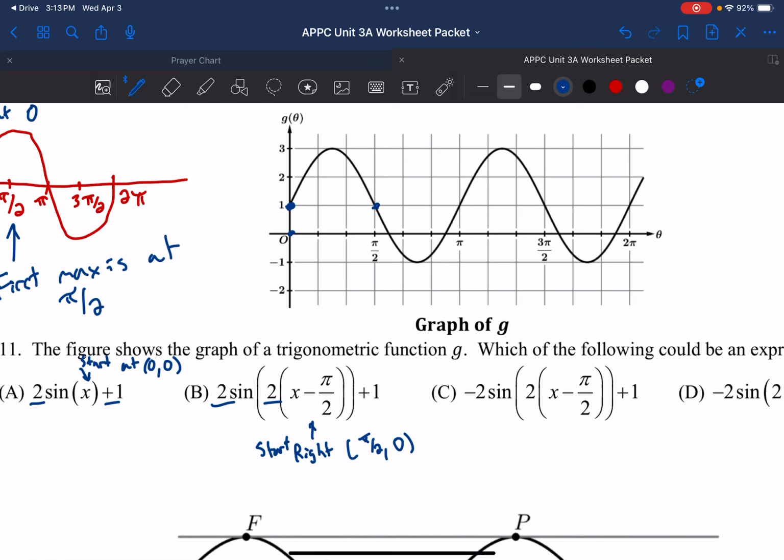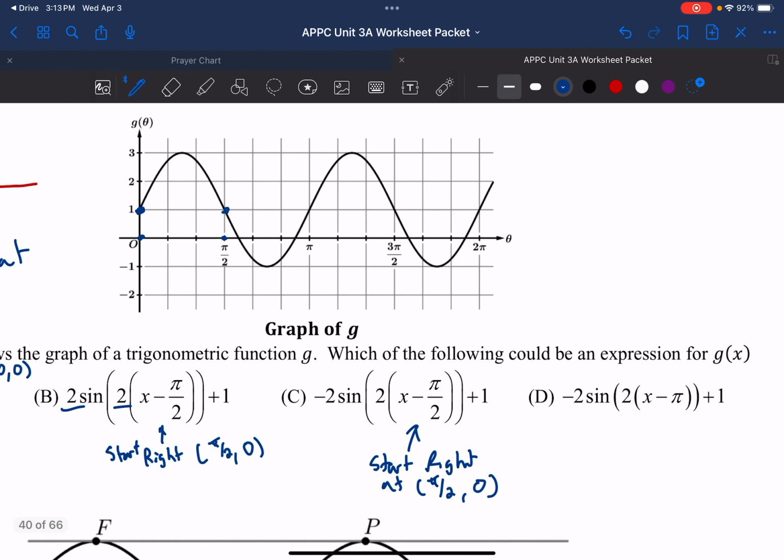That one would work, because I would start here. And then this one as well, if I start right at 0, it does the same thing. And the one that you can eliminate with this is none.